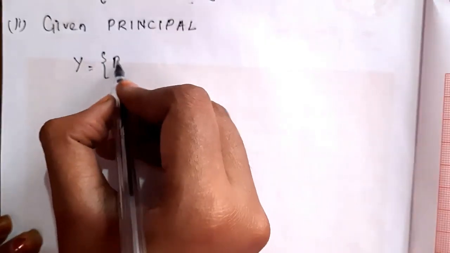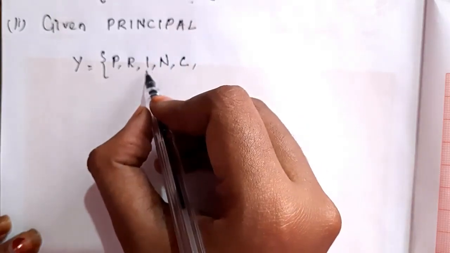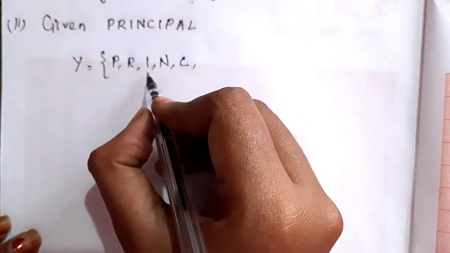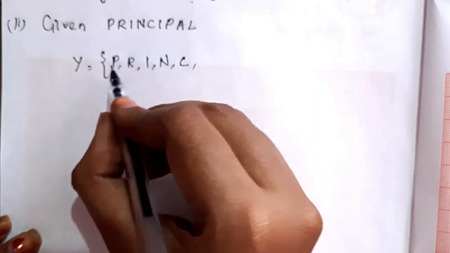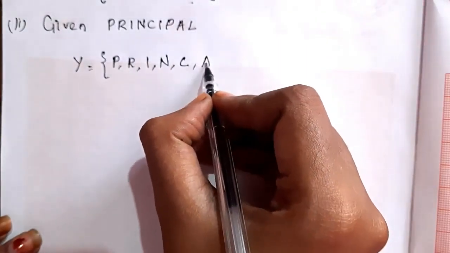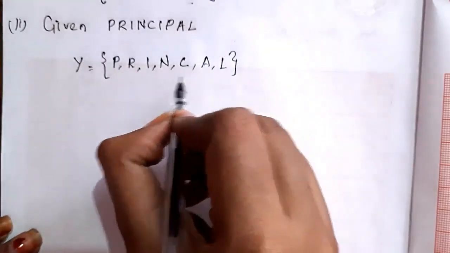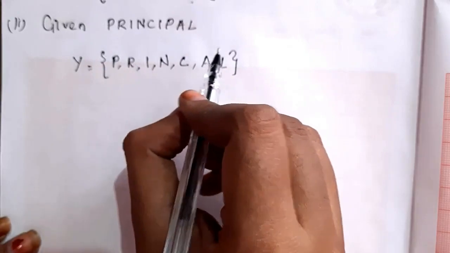So first letter P, next letter R, then I, N, C. Next one is I. We already wrote I, so no need to write that again. Next letter P. We already wrote P. No need to write that again. Then A. Then L. So using this set of letters, we can form the word principal.